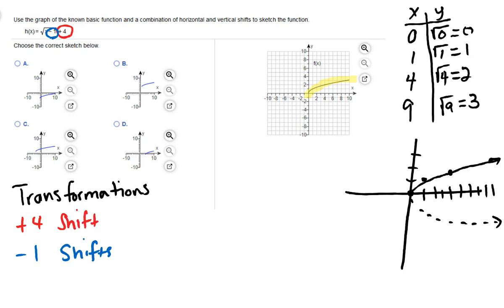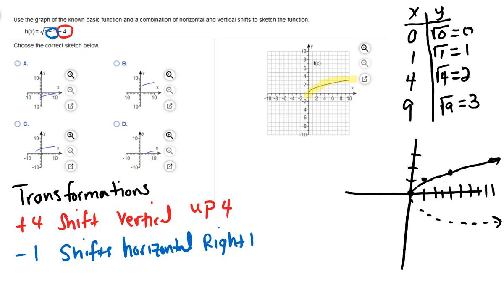The +4 is on the outside, so it's a vertical shift. And the -1 is on the inside of the radical, so it's a horizontal shift. The +4 being vertical is going to go up. And the -1 is going to go right. The minus tells me it's going to go right 1 and up 4.